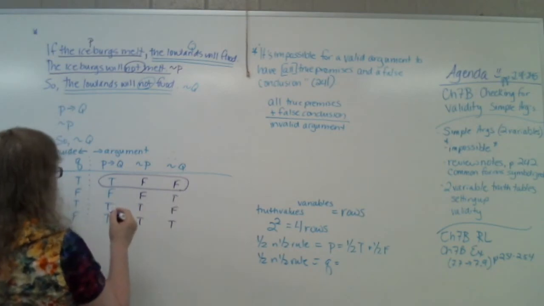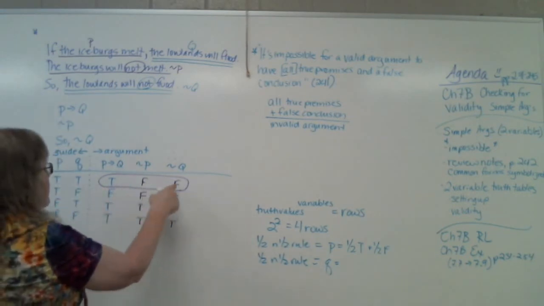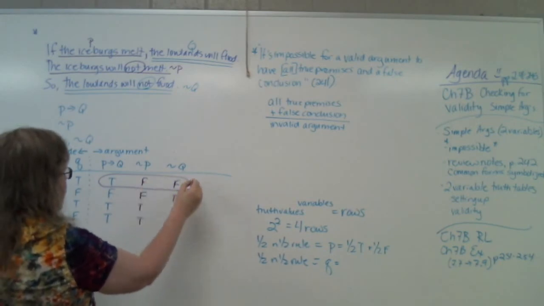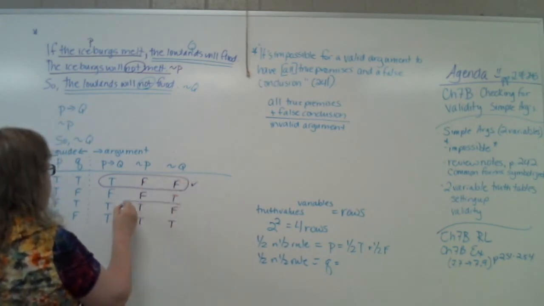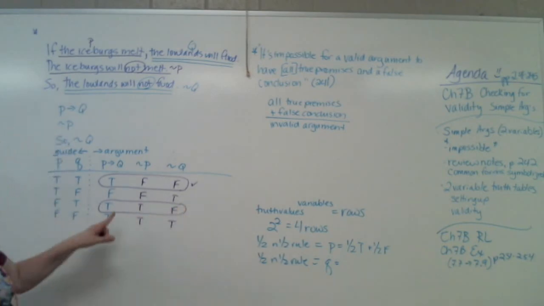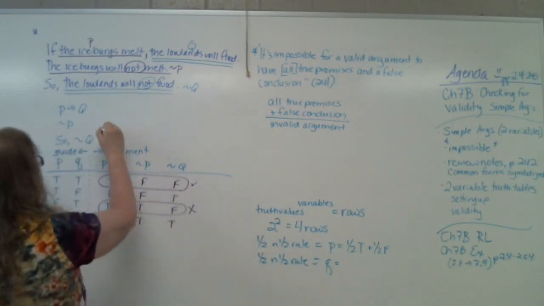I'm not going all the way back to here because they're not actually part of my argument this time. That's just a guide, okay? So my false conclusion here has one false premise. That's all right. This one, however, my false conclusion has all true premises, okay? It's invalid.